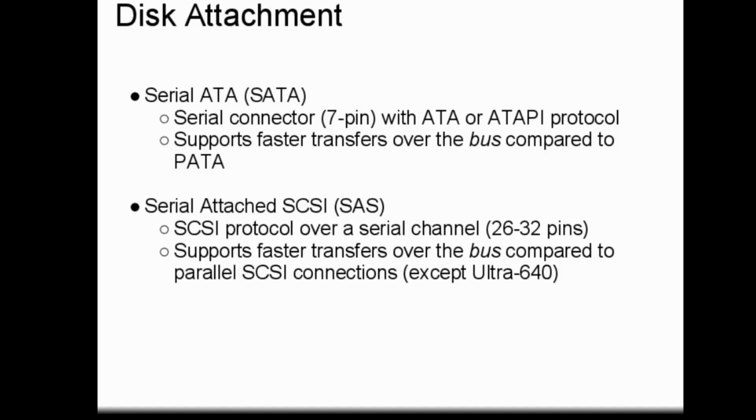And serial attached SCSI, or SAS, uses the SCSI protocol over a narrower channel consisting of 26 to 32 pins. Both of these new serial attachment mechanisms support higher bus transfer speeds, enabling theoretically faster devices to be attached to the motherboard. This does not necessarily mean, however, that the disks have gotten that much faster.